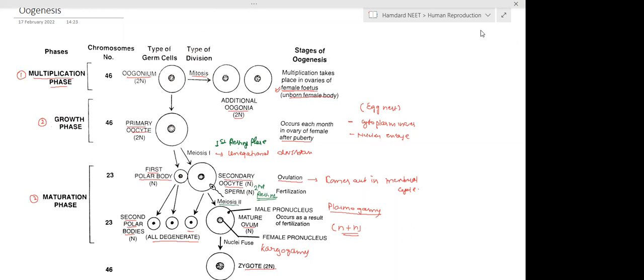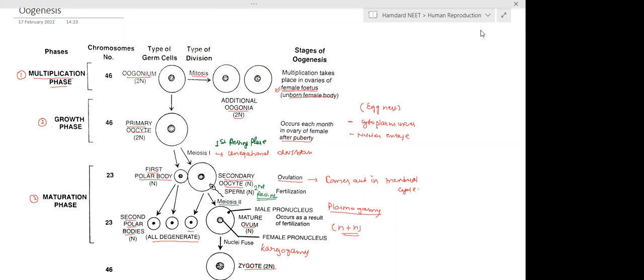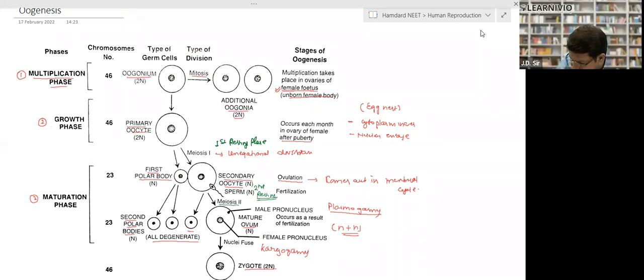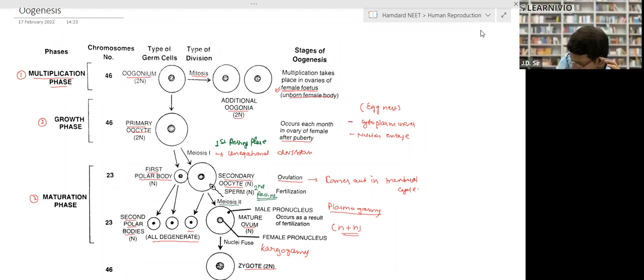No, you can speak. I'll try to listen. Yeah. You asked me the difference, right? Oogenesis takes place in the ovary, and spermatogenesis takes place in the testis.